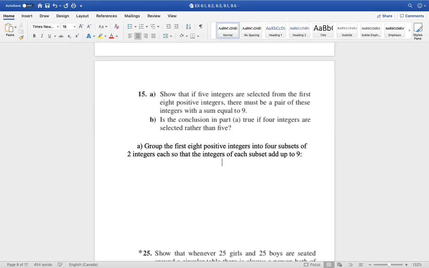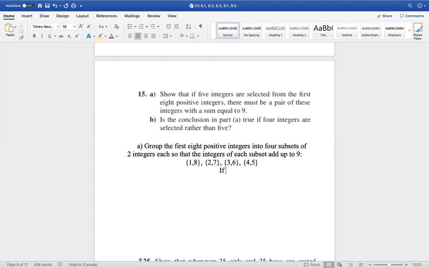So we will take subsets like one subset, 1 and 8, and another one could be 2 and 7, and then the other one will be 3 and 6, and then the other one will be 4 and 5.